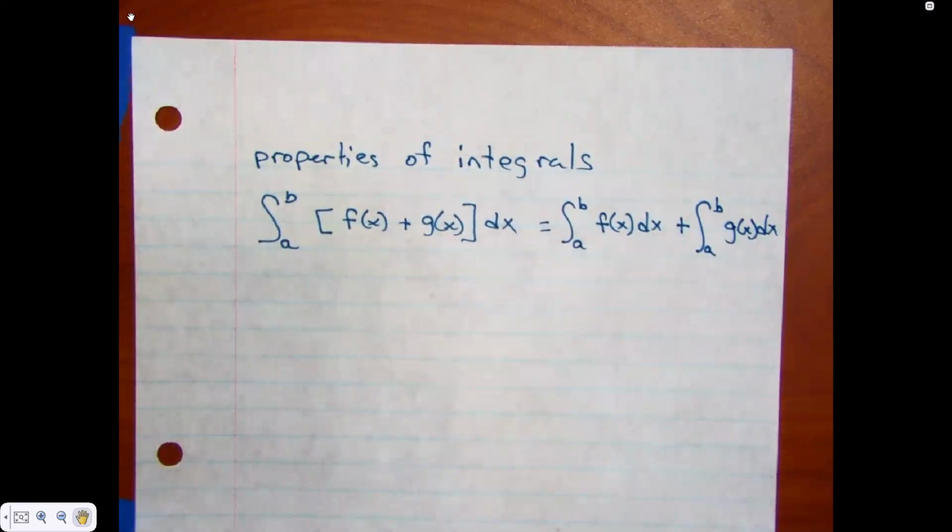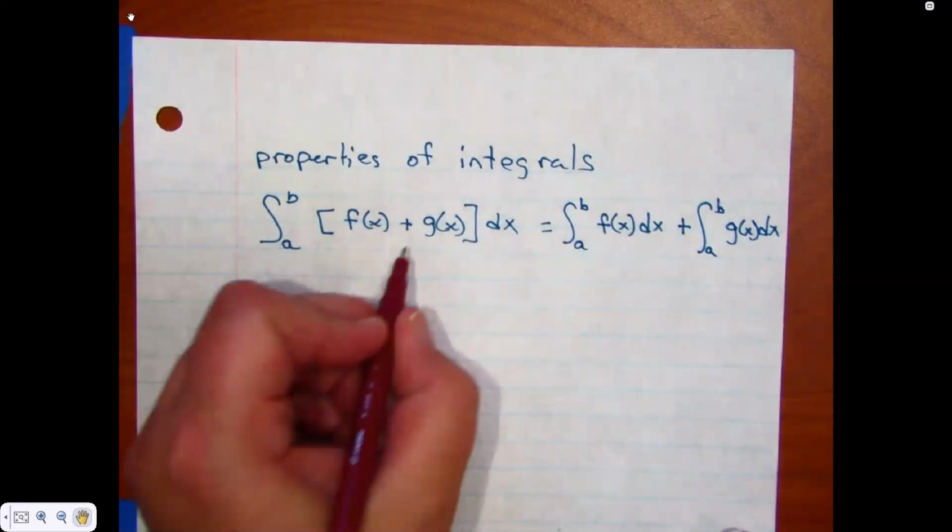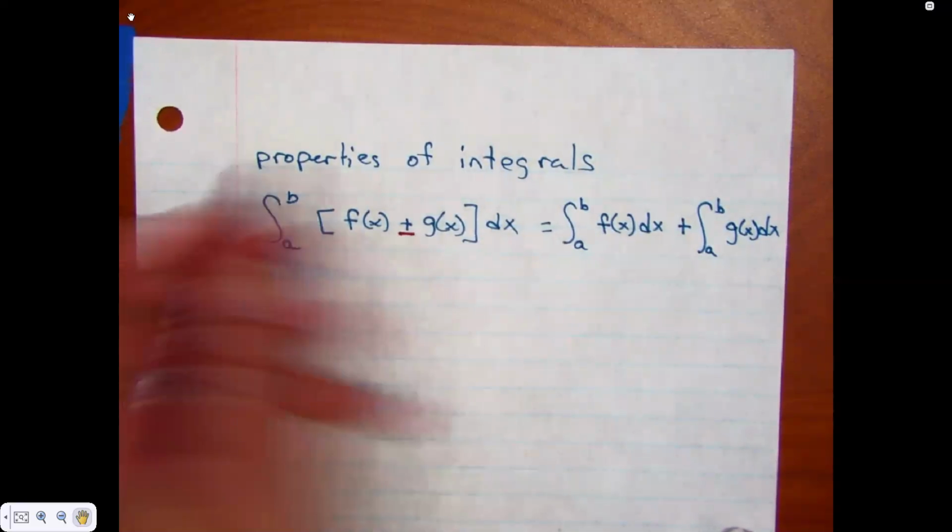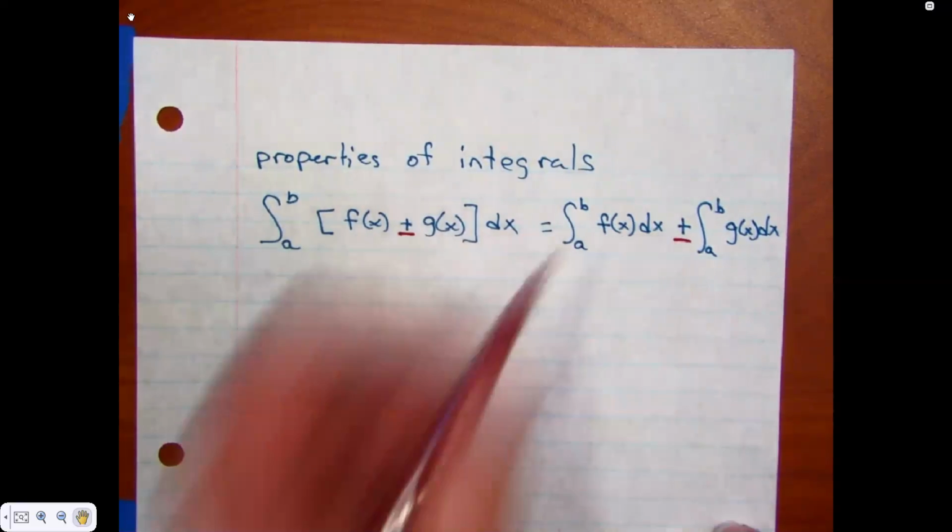Okay, so if you're adding, it is okay to split it up if you need to. And maybe we could shorten it and just do this. If you are subtracting, same thing. It is okay to split it up.